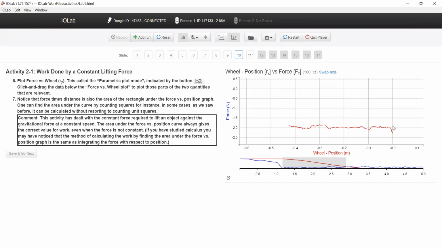If you are not able to count the squares, this is a rectangle here: force times change in distance. You can just take 0.43 times the force 1.9, or you can take the difference from here to here.